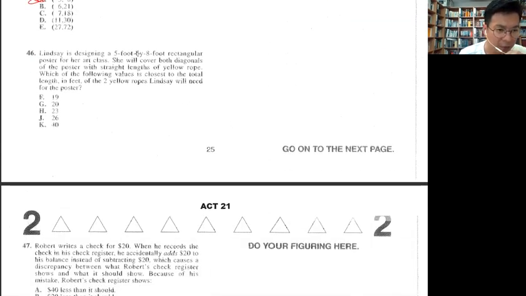Lindsay designed 5x8 rectangular poster on straight length yellow rope. Which of the following building is closest total length 2 yellow ropes Lindsay will need for the poster? She will cover both diagonal of poster straight length.